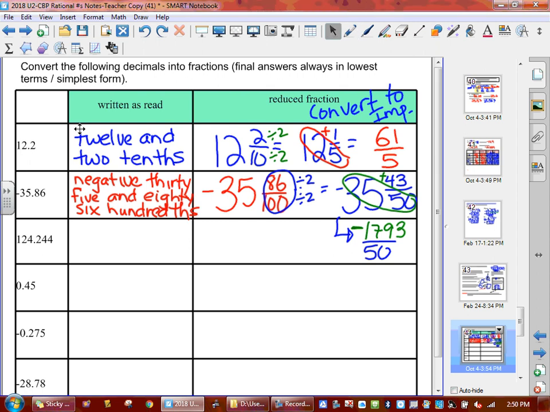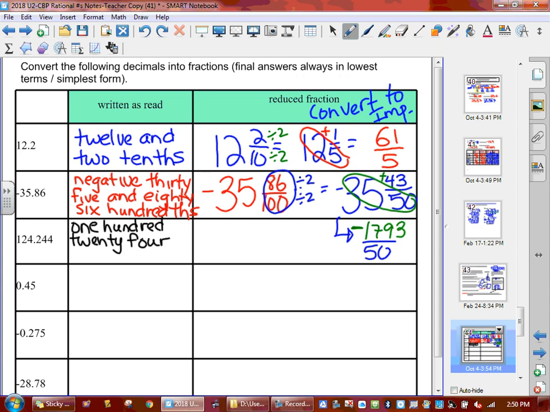Yeah, Shane, what would you say? Good. So 124. We don't say 124 because that would be 100.24. So the and is going where the decimal should.